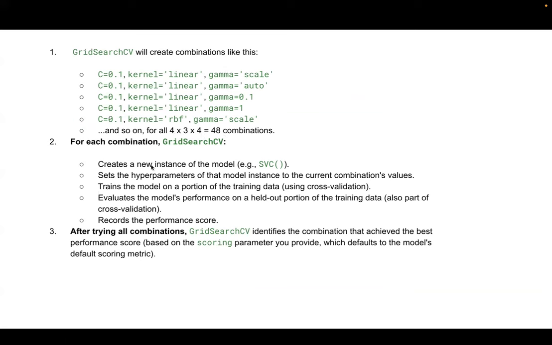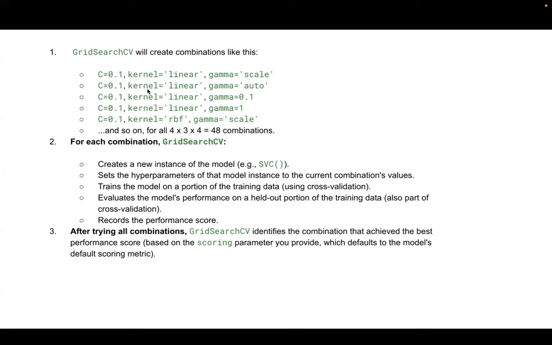It will create a new instance of the model because each parameter value is different. So 48 instances of this particular model will be created with these hyperparameters, and then you train the model using that one set. Then you again train the same model using this set.